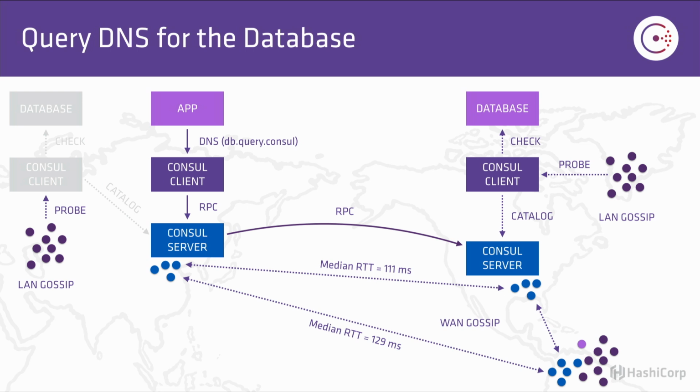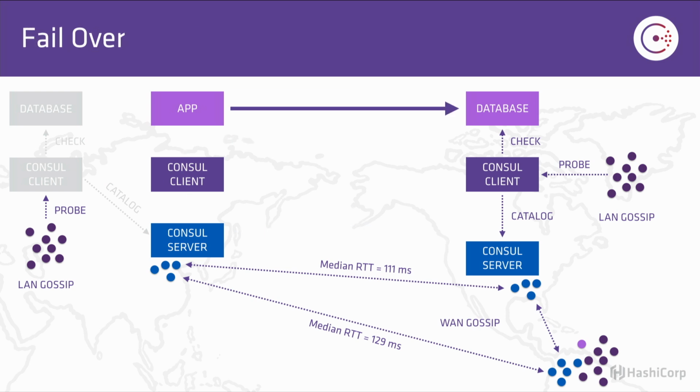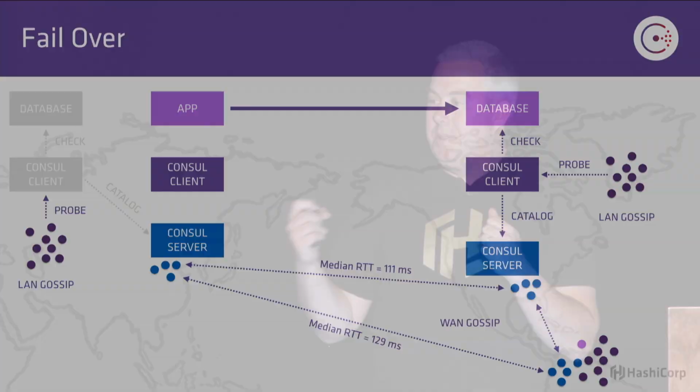And if you look at the WAN gossip, there was a median round trip time of 111 milliseconds to our Consul server in the US, and it was 129 to South America. So we want the US one. It's going to get the address of the one up there, and the app's going to connect to that automatically. If you look at the amount of stuff underneath your app that's doing stuff, it's pretty amazing.